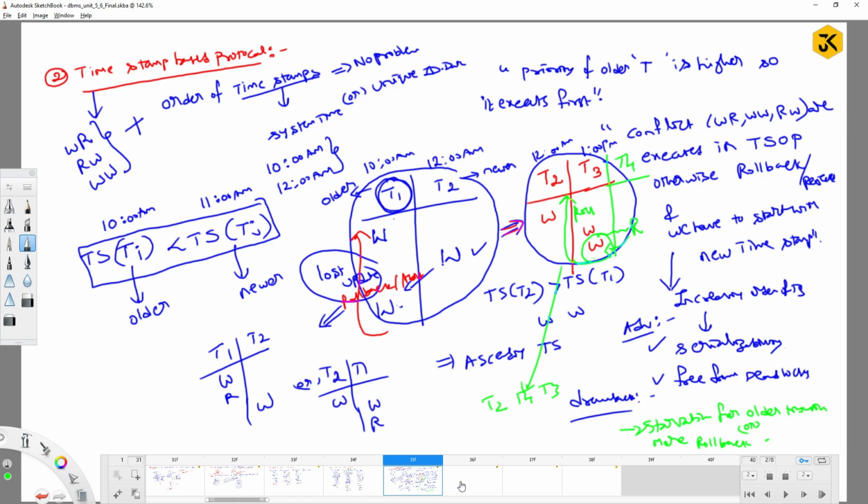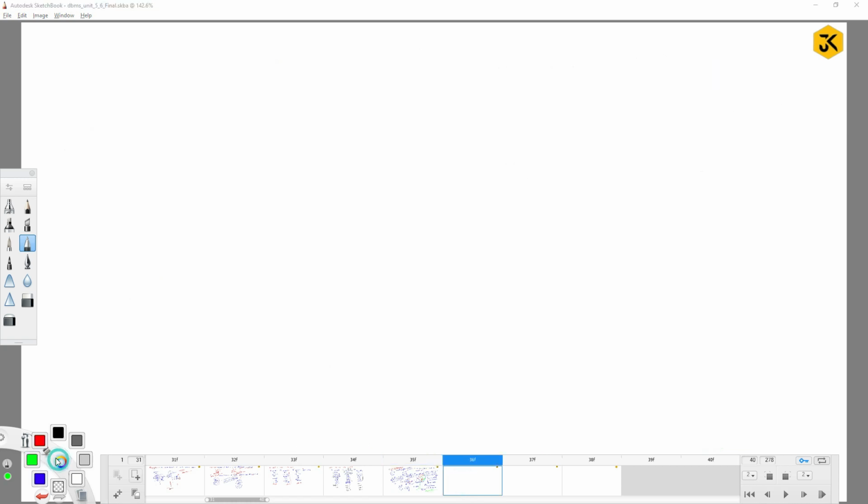So to overcome this drawback, one author came up with a solution. We call the solution the Thomas Write Rule.